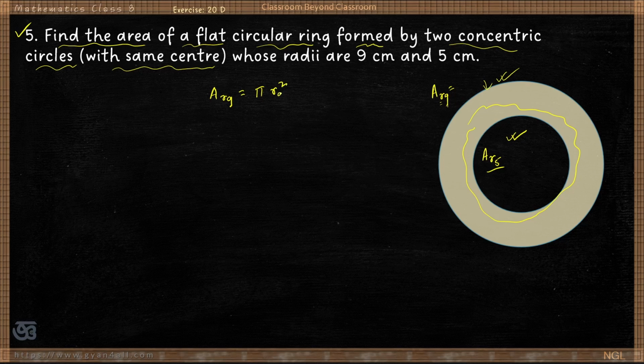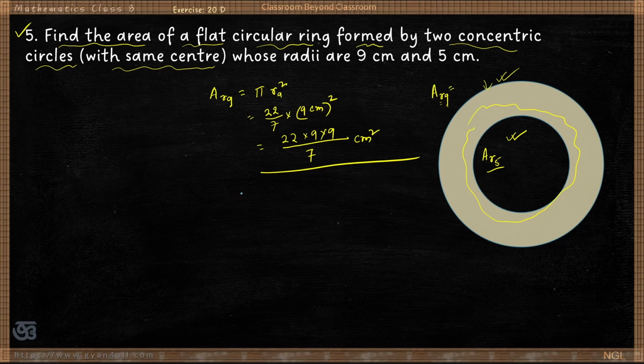You can say AR9 is equal to pi r9 square, that is 22 divided by 7, radius is 9, so 22 multiplied by 9 multiplied by 9 divided by 7 centimeter square.